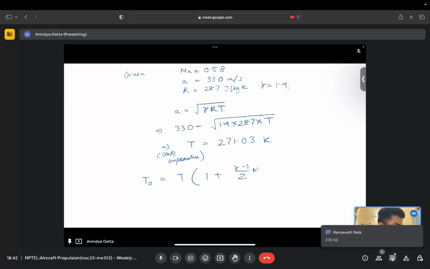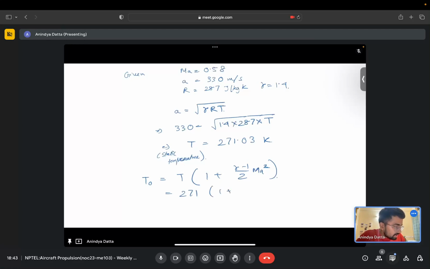Now we have to find out the stagnation temperature, that is T times 1 plus (gamma minus 1) by 2 into Mach number square. Can anyone compute this? So this is 271 times 1 plus (1.4 minus 1) by 2 into 0.58 whole square.